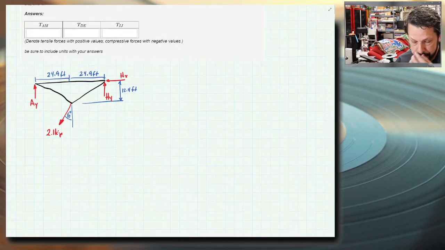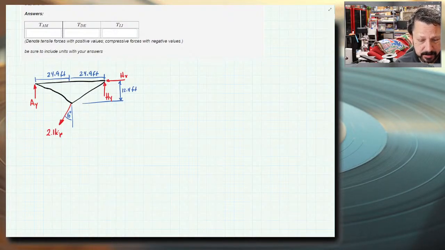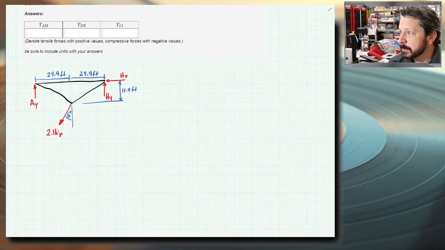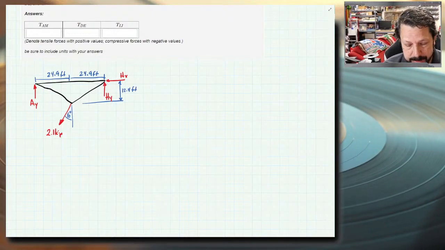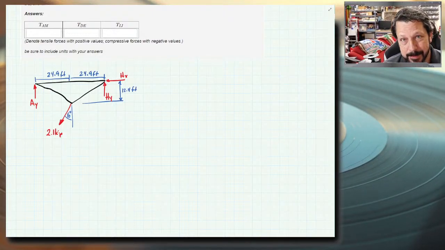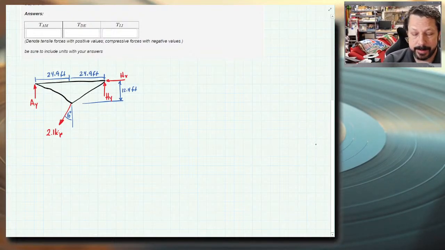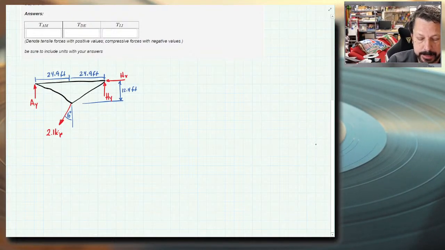What I would normally do once I get to this point for solving external reactions is I would probably do summation of moments about the pin. I would do that just because the pin has the two unknowns, HX and HY, and by summing moments about that point, I don't have to try and solve those. I'll end up being able to solve for AY.